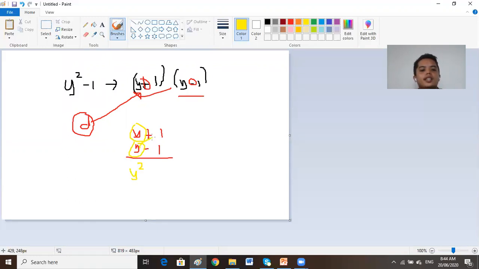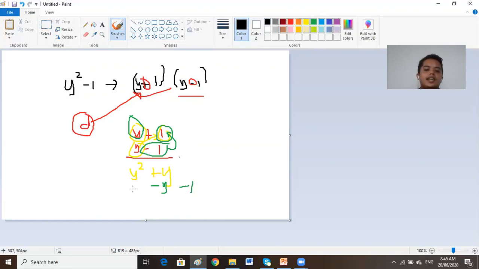Then y times negative 1 is negative y. Then 1 times y is plus y. Then 1 times negative 1 is negative 1.